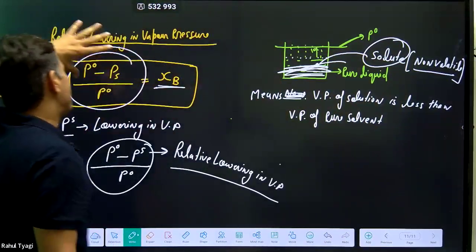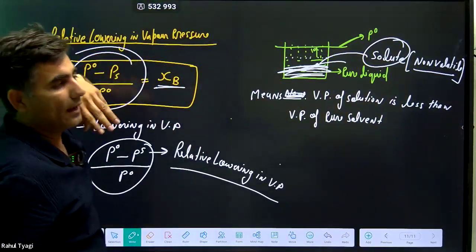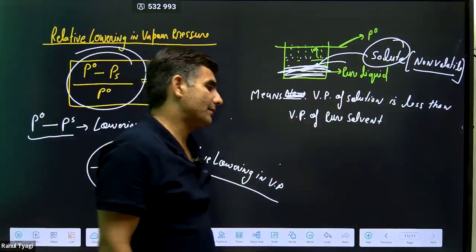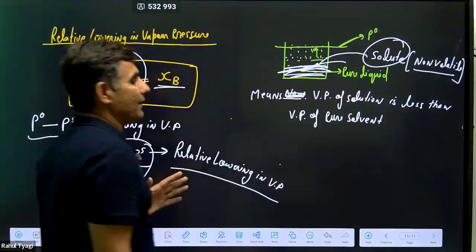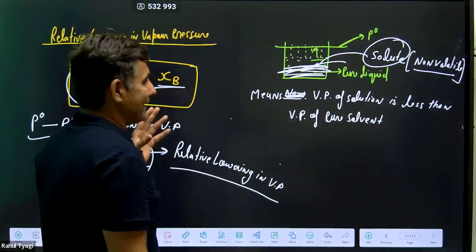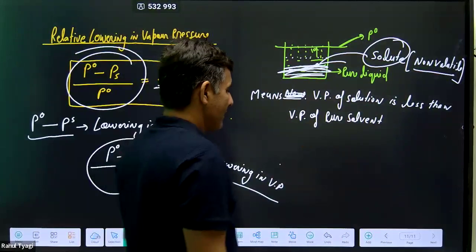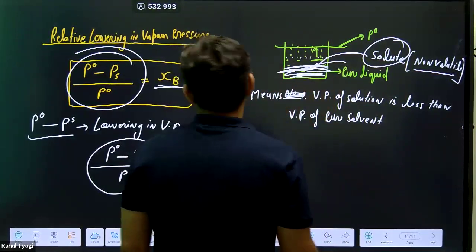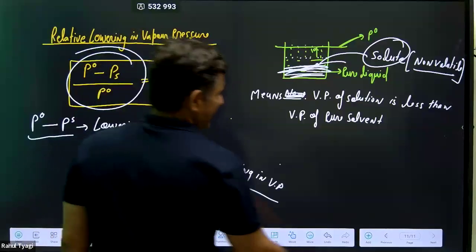And on the basis of this equation, they ask so many questions in your exam. I am telling you the technique where they can trap you. So to come out from this trap, use the technique that I am telling you.